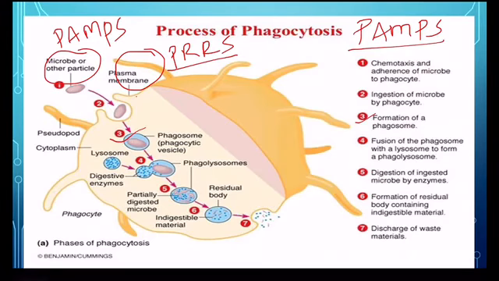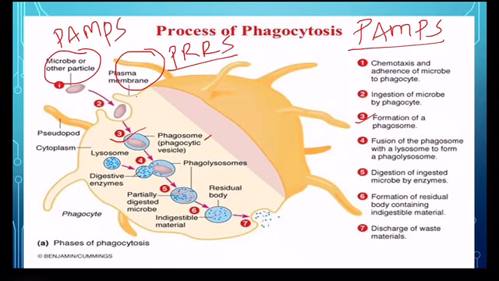The microbe is taken inside, internalized. That structure, the phagocytic vesicle, is called a phagosome.